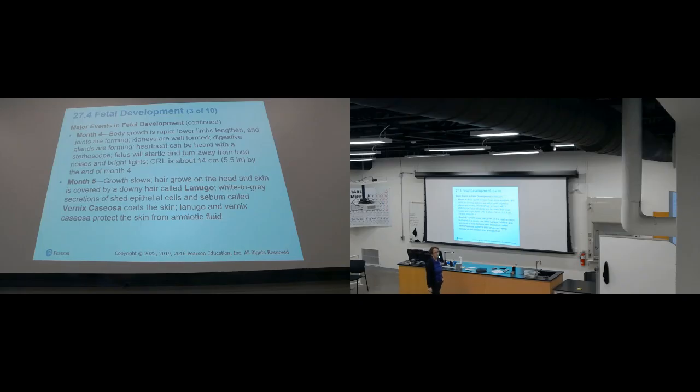Month 4, what happens? Well, you have growth of the baby that is very rapid. So you have the lengthening of the lower limbs, and then you start formation of your joints. Your kidneys are well formed. The digestive glands, like the accessory glands, are forming. You can hear the heartbeat with the aid of a stethoscope.